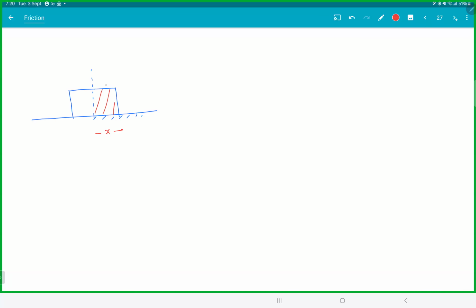That means only this shaded part's weight is responsible for the friction, isn't it? Friction on the block is only due to the shaded part, because only the right part has friction. So the more you enter, the more friction you get. Friction is not constant.